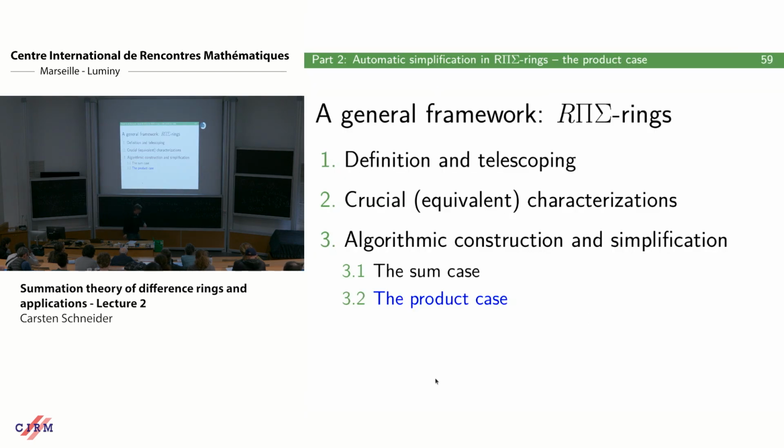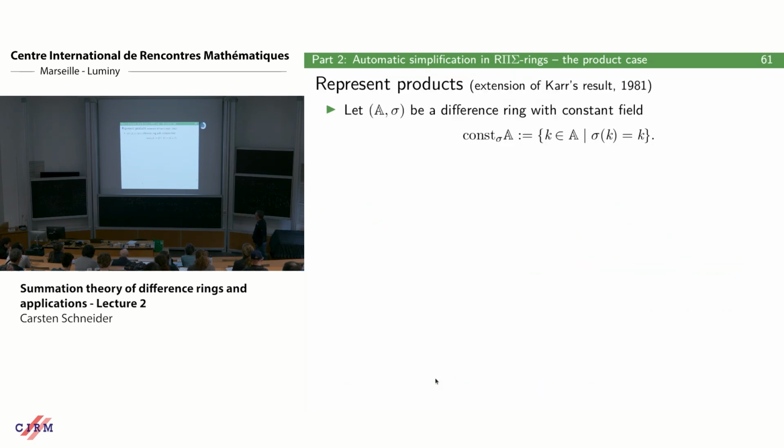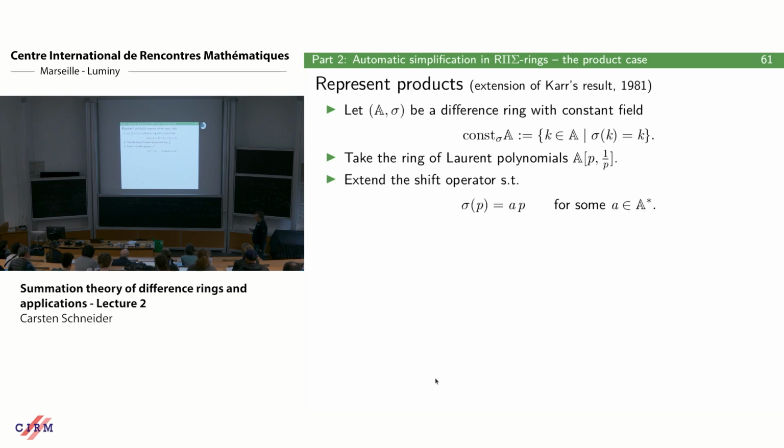I want to quickly show you the product case. So how can we automatically extend products? And here, same thing. I naively adjoin a new variable. I go to the Laurent polynomial ring. I introduce this naive shift behavior.